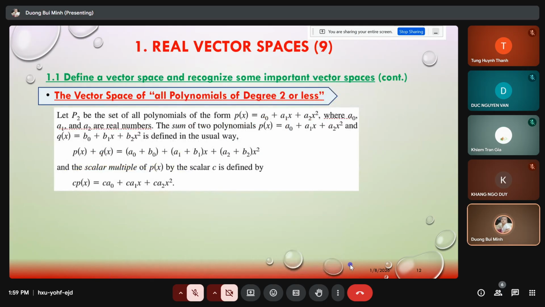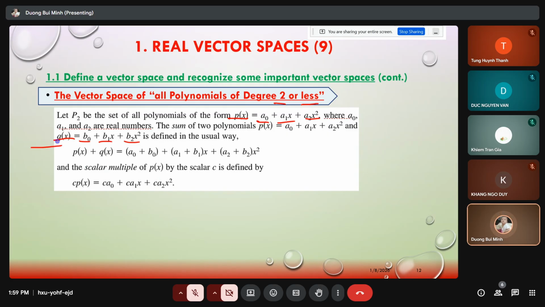Now we have a vector space of all polynomials of degree 2 or less. We have the polynomial p(x) = a0 + a1x + a2x squared, and another polynomial q(x) = b0 + b1x + b2x squared.